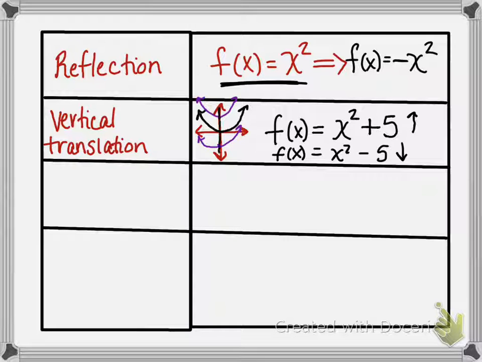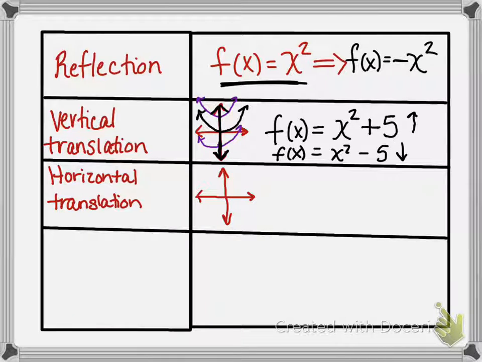Vertical meaning straight up and down, okay? I'm shifting around. I'm translating. Translate just means to move. Okay, so that was a vertical. Now, the other option we had was a horizontal shift or translation. Okay, horizontal meaning left and right.